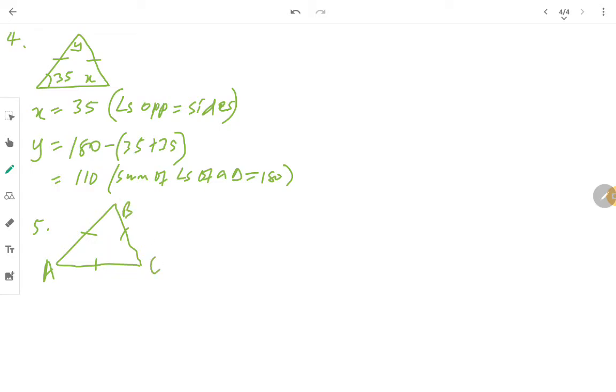Okay, then example 5. Calculate the angle A. You find out that the angle A here, any of these angles, they're all the same. So it's 60 degrees. This is angles of an equilateral triangle.